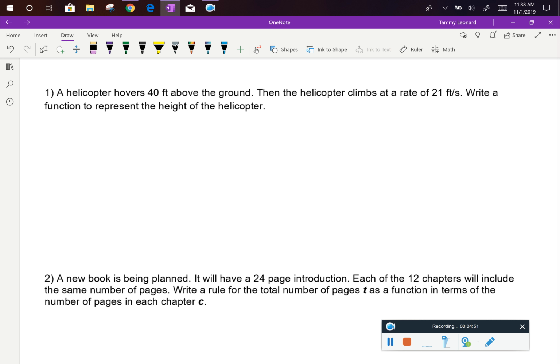All right. The helicopter is already 40 feet above the ground. So that's definitely contributing to the current height of the helicopter. But then it's climbing at a rate of 21 feet per second. So every second that passes, the helicopter is 21 feet higher than it was before. That sounds like the height depends on the time.